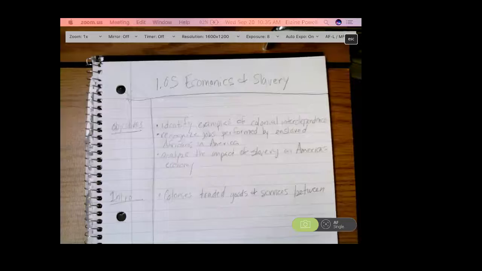Between, who did they trade between? Look at that paragraph. There are two different things it tells us that they traded between. Anybody want to give that to me? And people online as well, you can put it in the chat box or you can unmute yourself. Colonies traded goods and services between what?